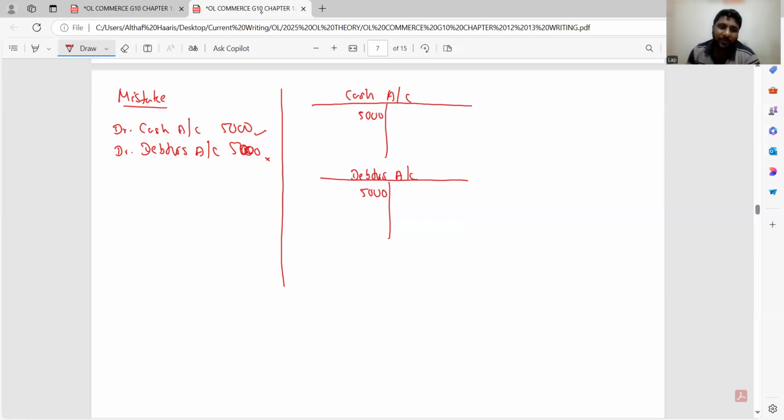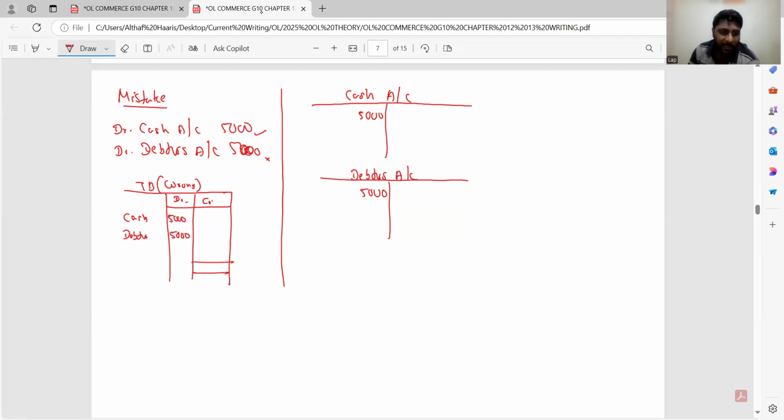So as a result of this, you see what has happened. Good, Zakir correct. Debit, credit, trial balance wrong. Debited the cash account 5,000, debited the debtors account 5,000.